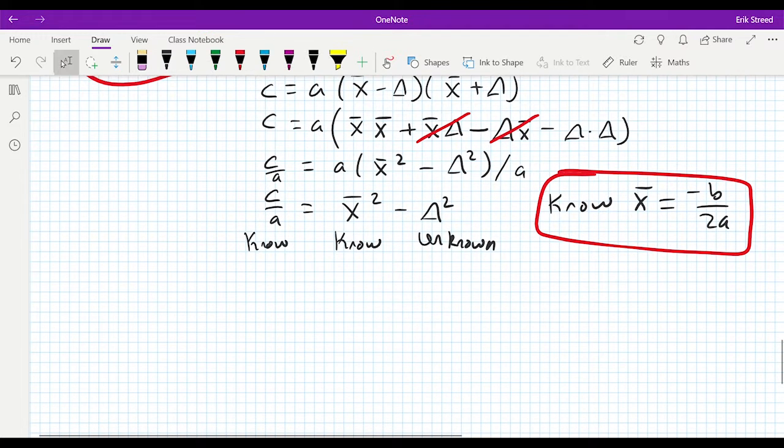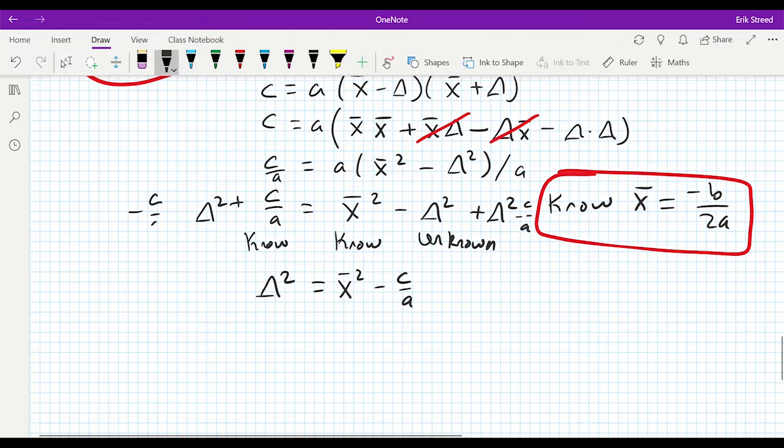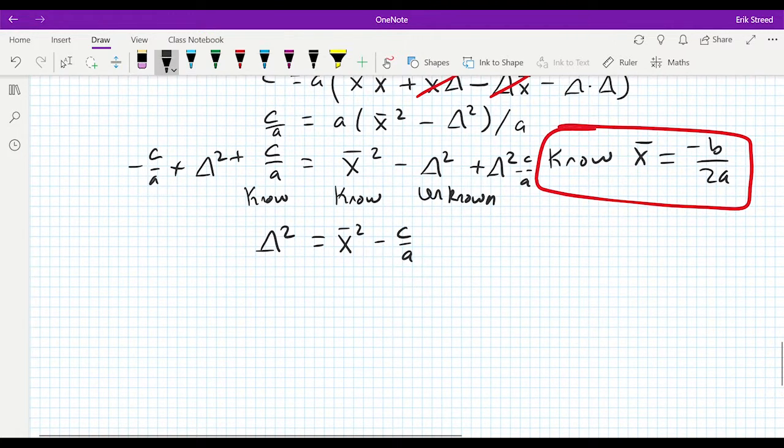We can find out what delta is pretty darn quickly here. So we can say X bar squared minus C over A is equal to delta squared. And all we're doing is just adding on delta squared to both sides and subtracting off C over A, and then negative C over A on both sides. So now we've isolated out delta. So now we know delta.